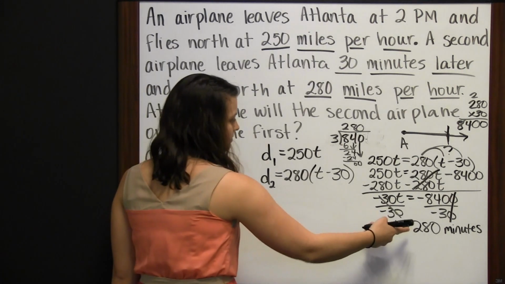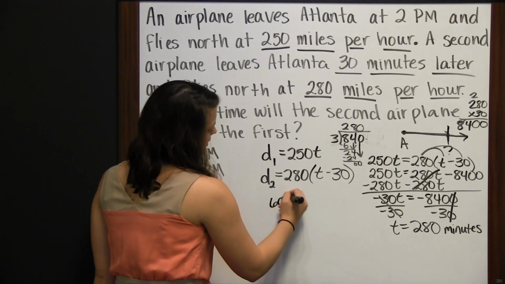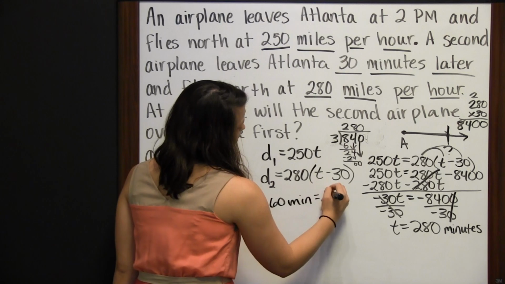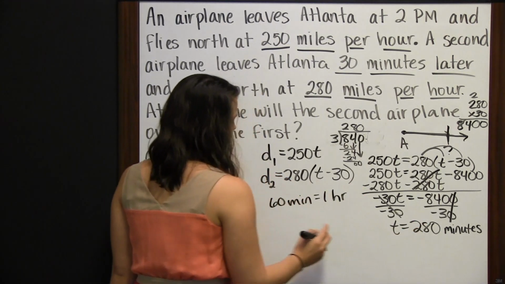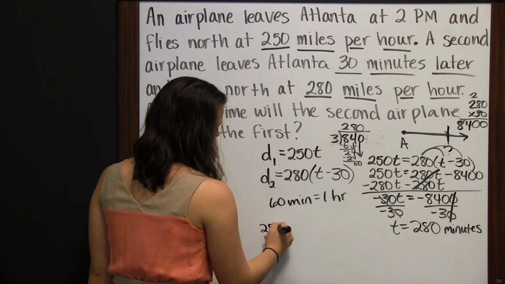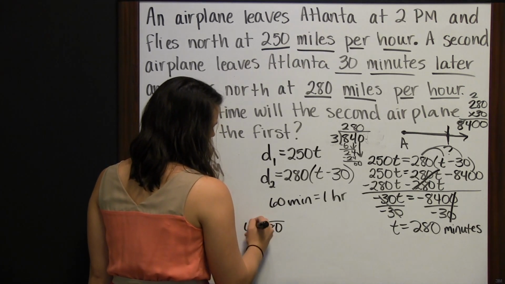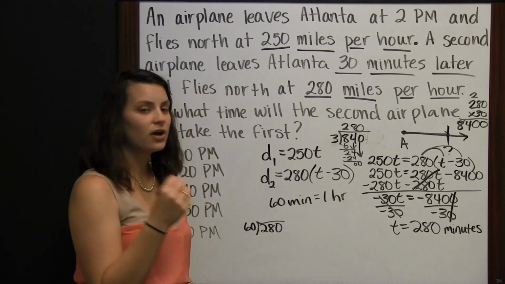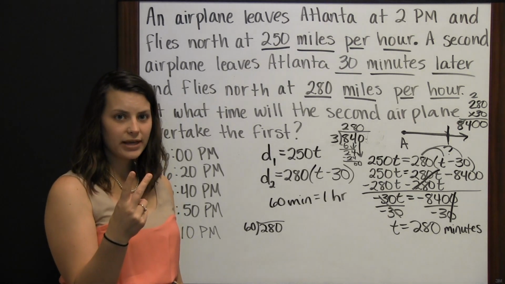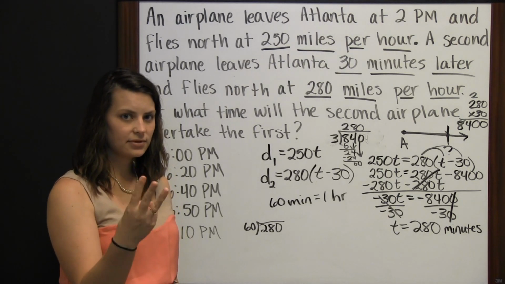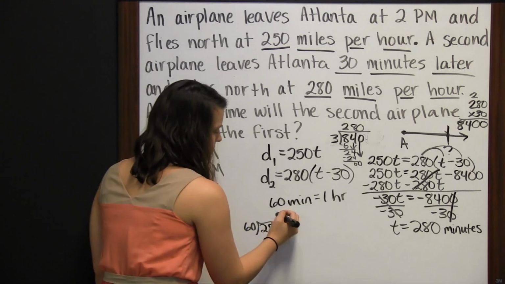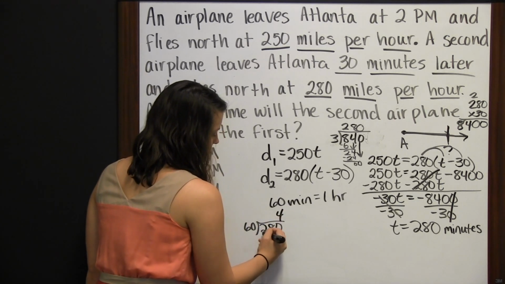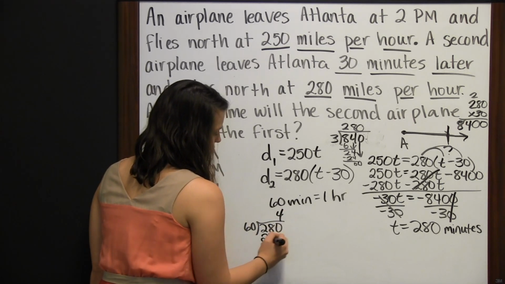So to convert these minutes into hours, there are 60 minutes in 1 hour, which means we need to divide 280 by 60. So we've got 60, 120, 180, 240. So 60 goes into 280 4 times and you get 240.